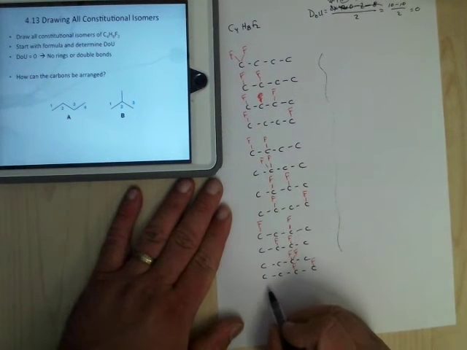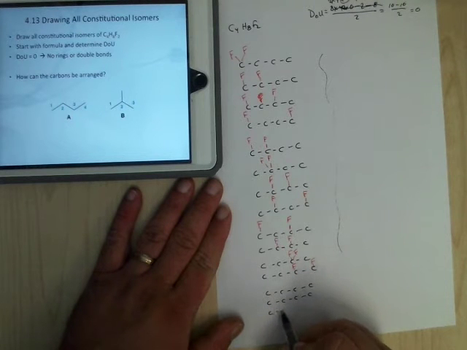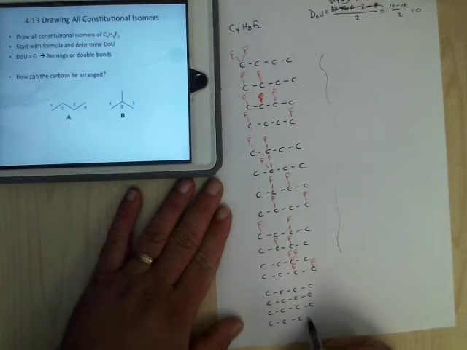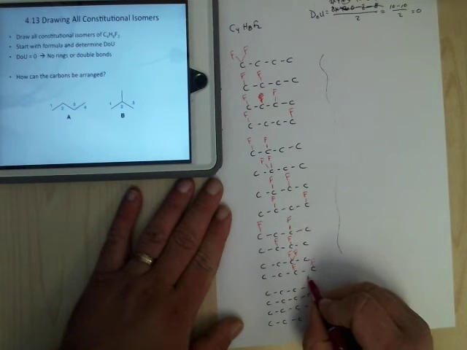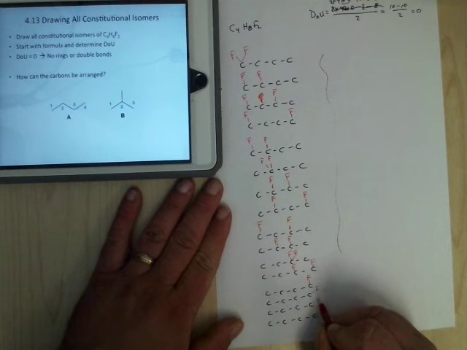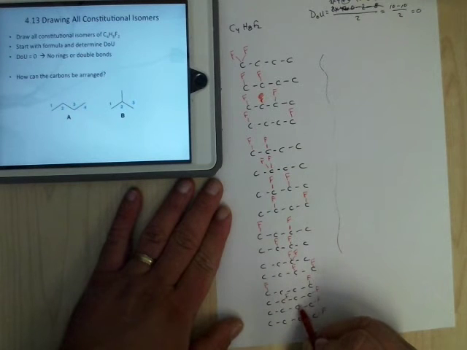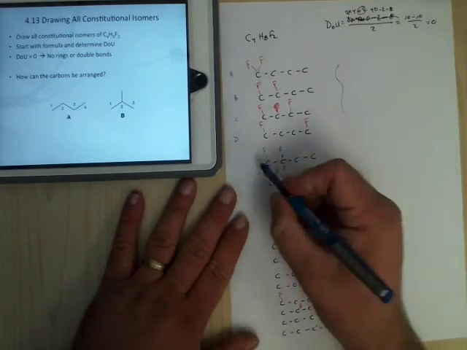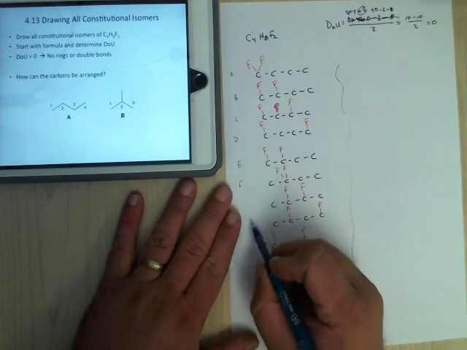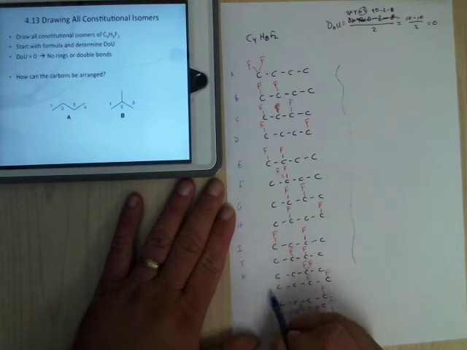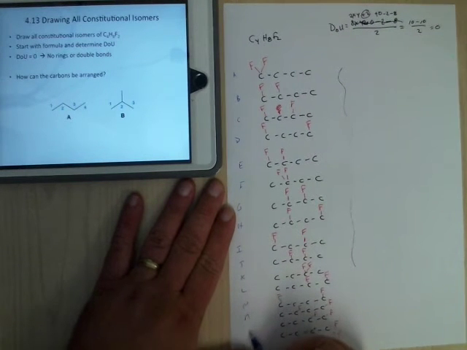And the last set, we're just going to be systematic about this. We put the fixed one here, here, here, and here, and then move this one here, here, and then here. So D, E, F, G, H, I, J, K, L, M, N, O, P.